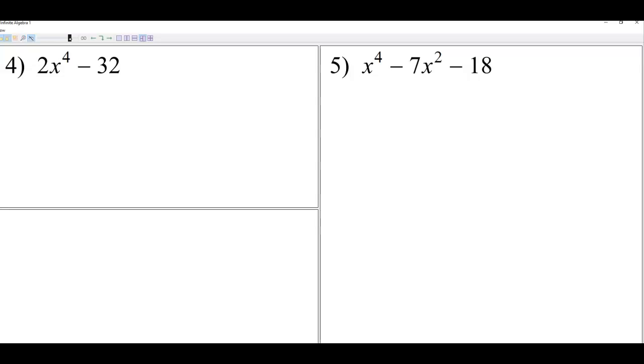Yeah, good start. You can't take out any x's, so this is still going to be up to 4, but this number is different, right? Correct.